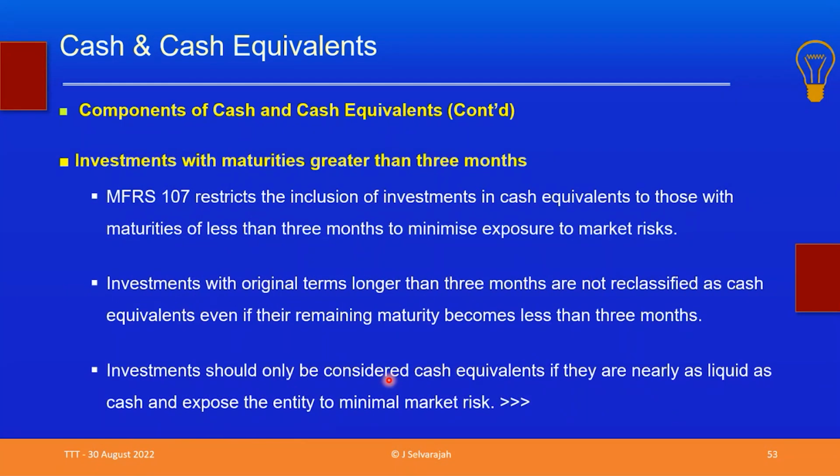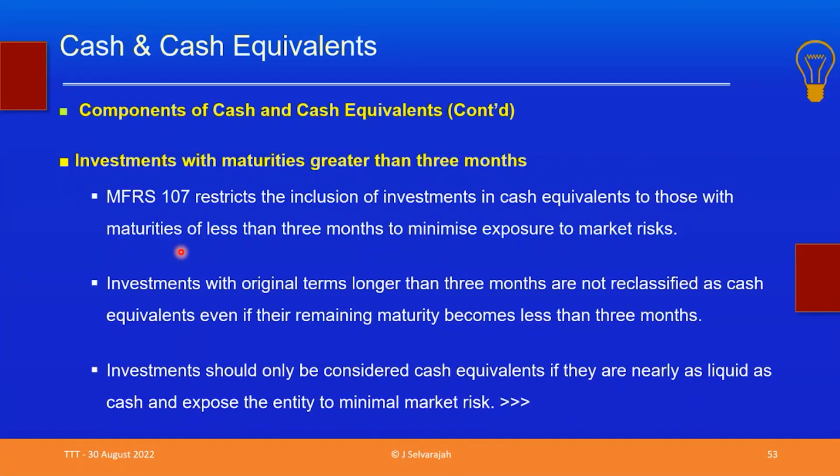Next one, investment with maturities greater than 3 months. Just now we said 3 months is it. So MFRS 107 restricts the inclusion of investment in cash equivalent to those with maturities of less than 3 months, to minimize exposure to market risk.